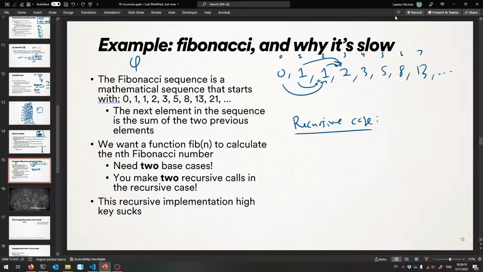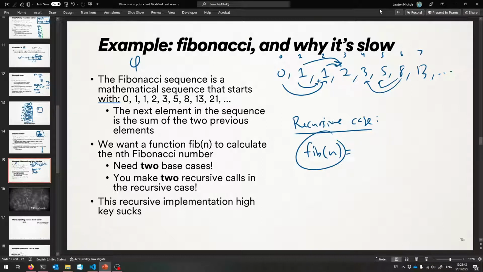So, okay, I'm asked for fib of n. I want the nth element of the Fibonacci sequence. This is a recursive problem because, let's say they're asking us for Fibonacci of 6. What's fib of 6? That's equal to fib of 4 plus fib of 5. And that's always true.